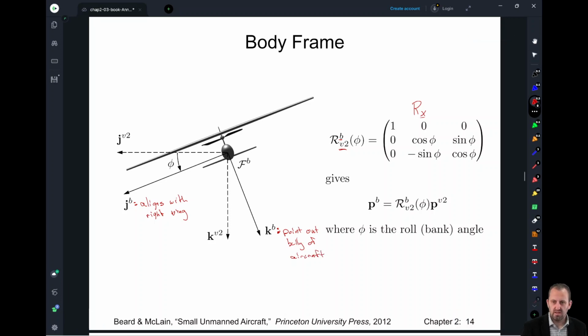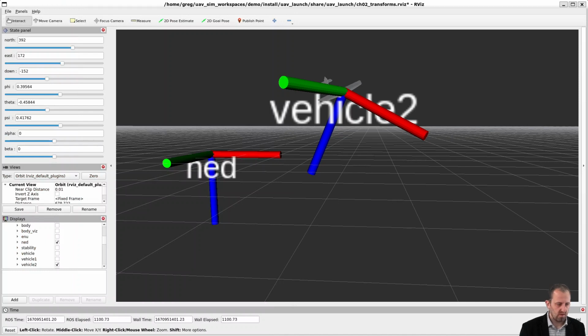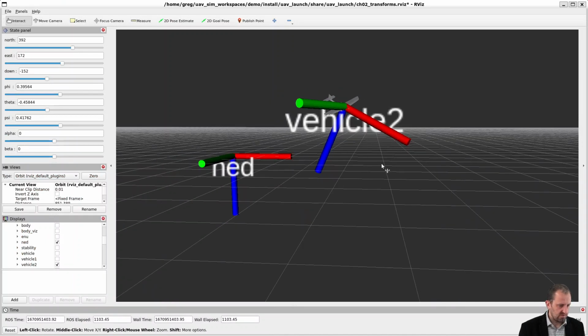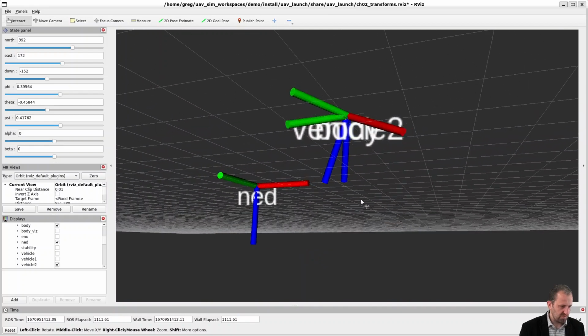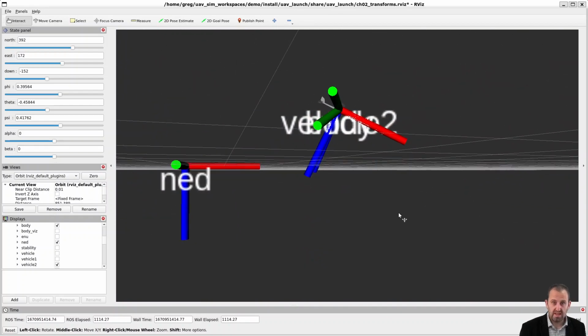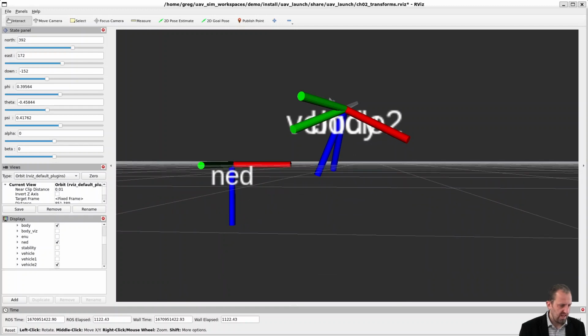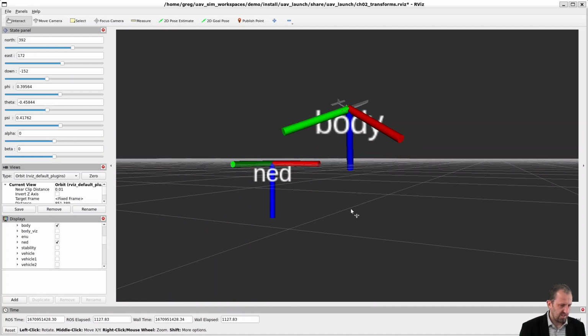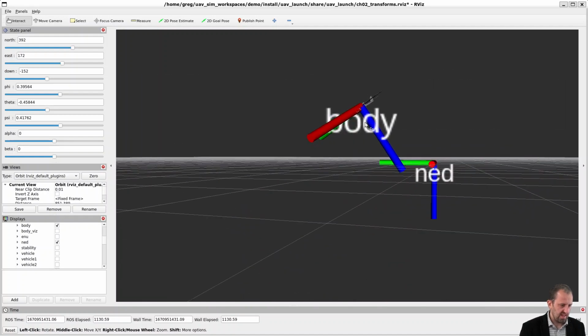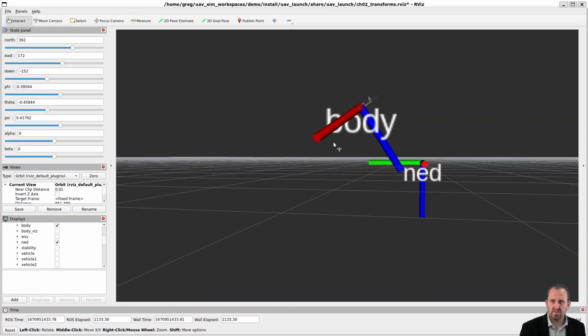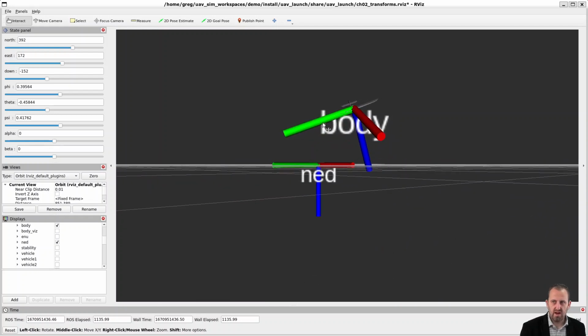All right, so if we come back here and take a look at that, we'll zoom out a little bit, and then we'll visualize the body frame. The first thing to notice again is that the vehicle 2 and the body frame share the same x-axis. So that red axis is the same for both of them. If we get rid of the vehicle 2 frame so we can just see the body frame, again, it's what we showed at the beginning: the x-axis is pointed out the nose of the aircraft, and the y-axis is pointed out the right wing of the aircraft.